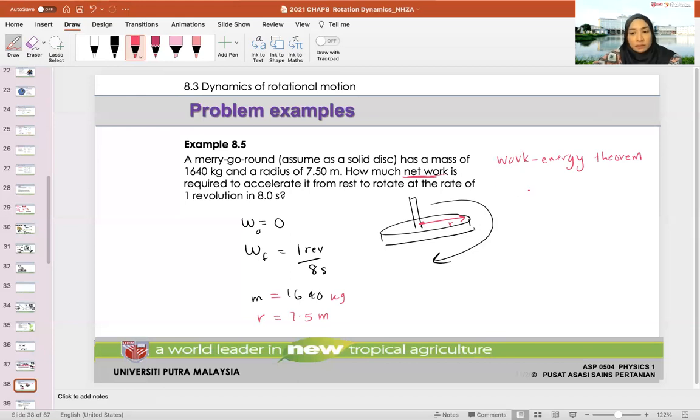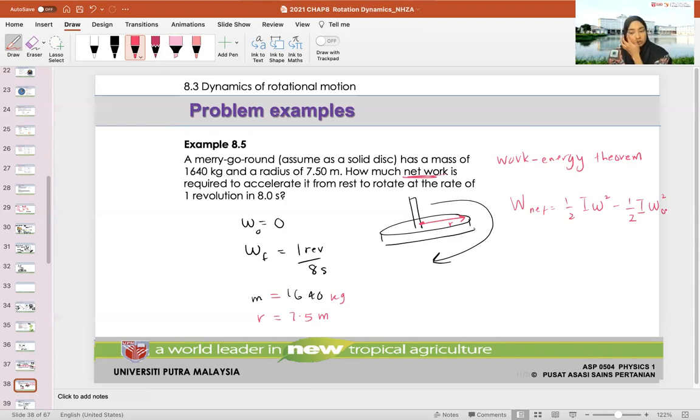Work net is equal to 1/2 I omega final squared minus 1/2 I omega naught squared, right?